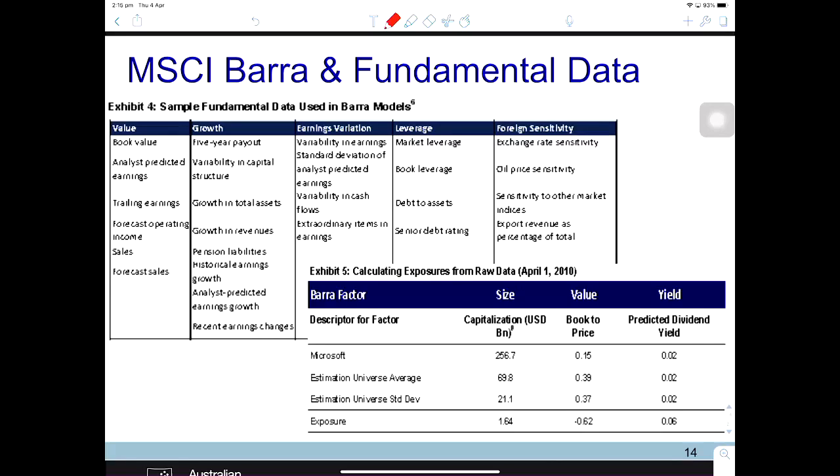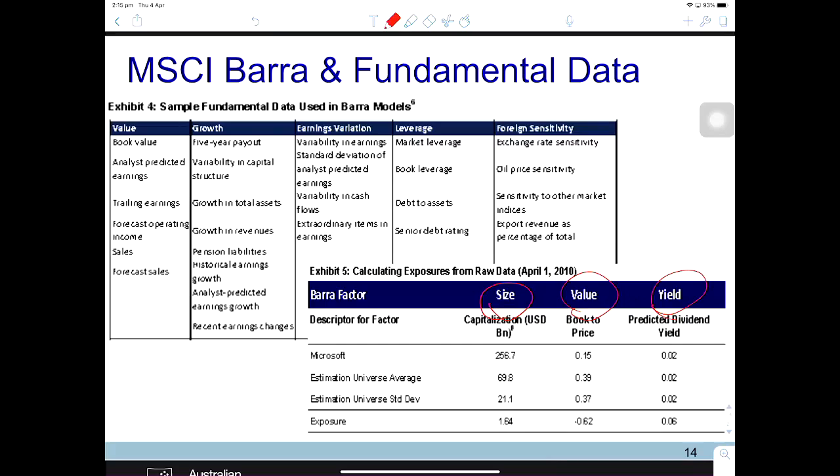So how the value of the stock, the return from effect, value effect, and yield effect.